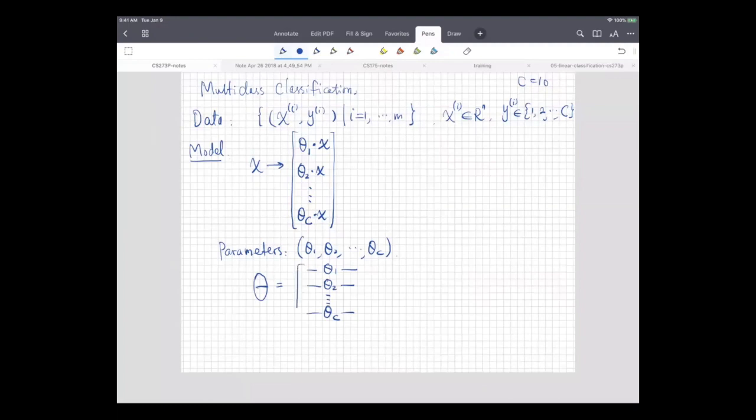You get a parameter matrix that contains all the unknown parameters we want to estimate from the training data set. This parameter matrix has dimension C by N, because you have C different rows and N different columns. N is the same as the input dimension. So this is the parameter.